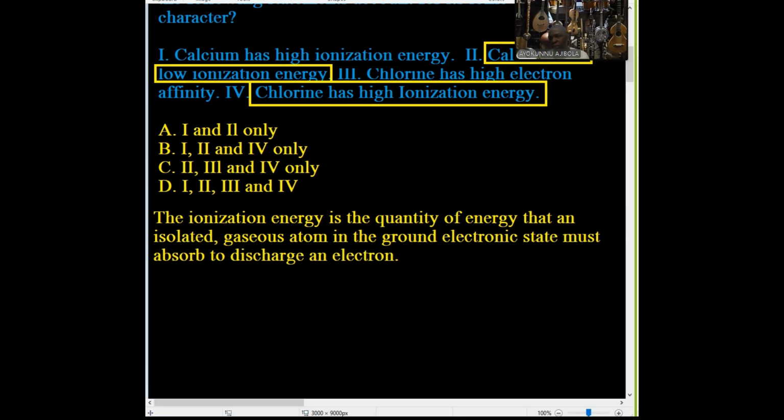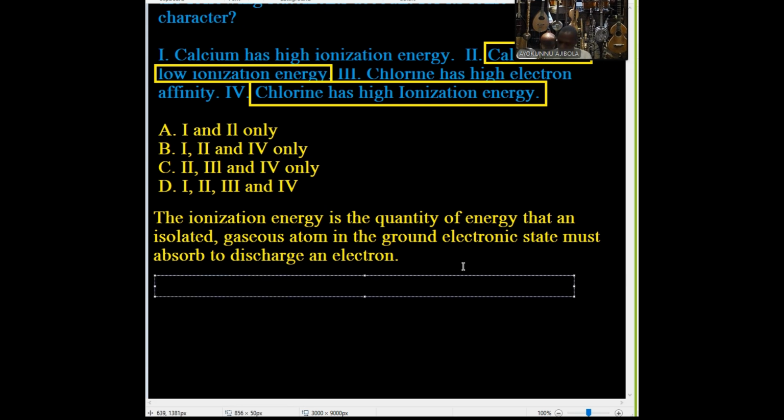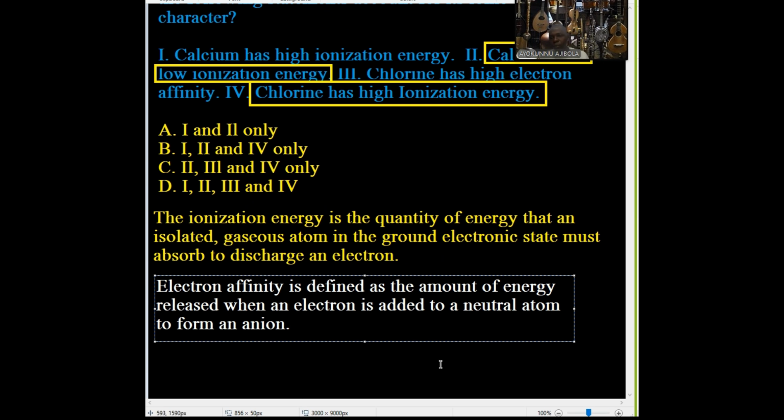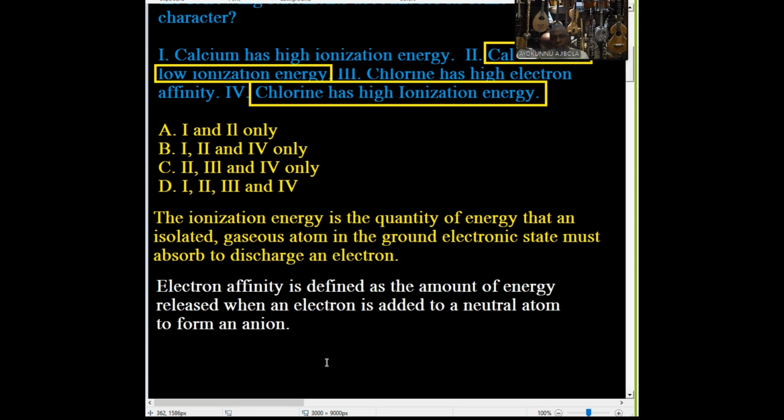So the energy absorbed in order to discharge, that is the energy required to remove that one electron, is ionization energy. But the energy released when an electron is added to that neutral atom to form an anion, like chlorine, is known as electron affinity.